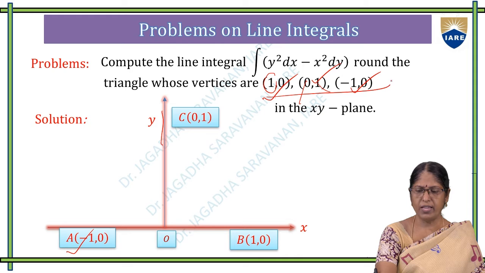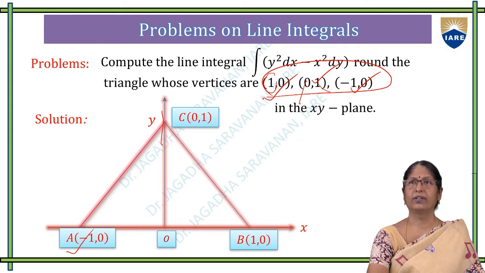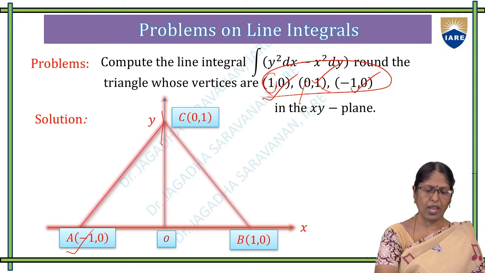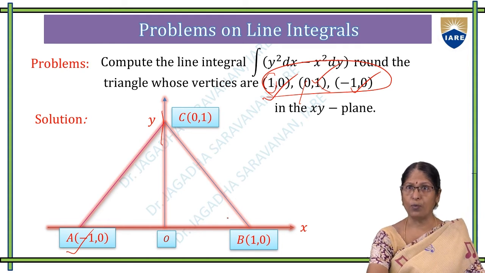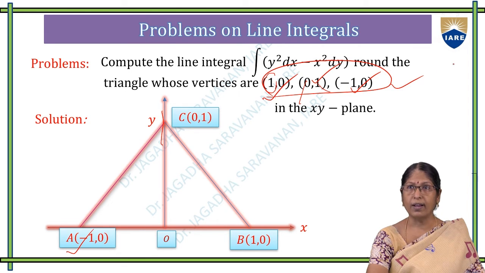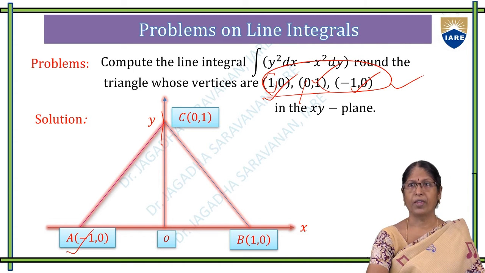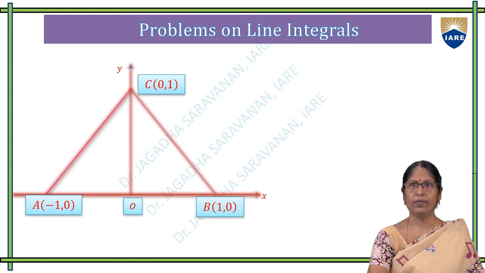So all these coordinate points we plotted and joined. The names A, B, C we have given with the help of the condition which is given in our problem. We have drawn the diagram, and ours is now the xy plane. So this is the diagram.